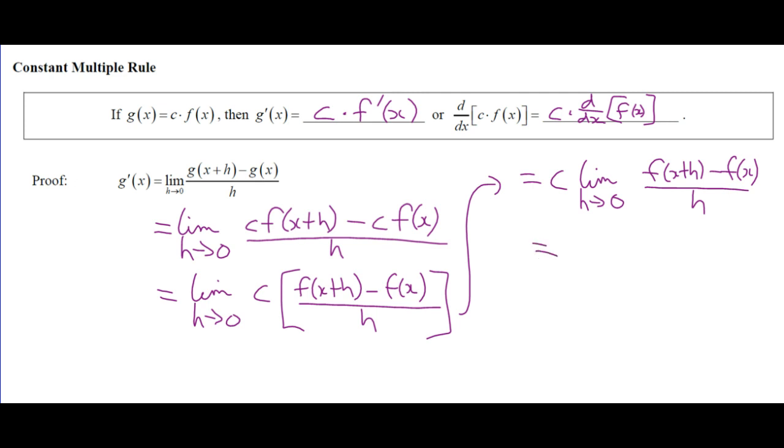So this is equal to c times f prime of x. So there's the proof, right? Just using that property of limits, that if there's a constant within your limit, then you can just move that out front, and write it as the constant times the limit of. And this expression is just f prime of x.